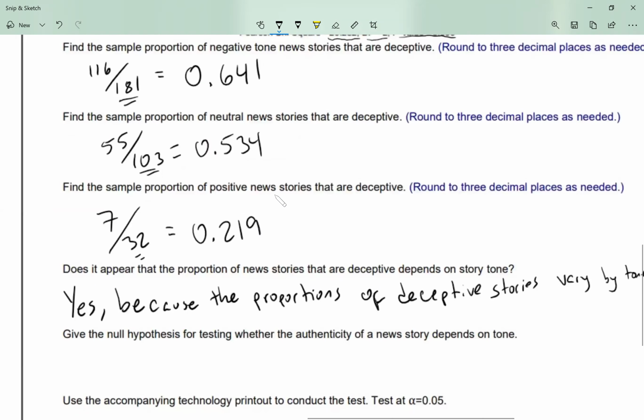Right? One of them was 64%, the other one was 22%, and obviously there was a 53%. The difference between the first two is not that much, but between the big number and the small number, there's a big difference. So we call that a significant difference.